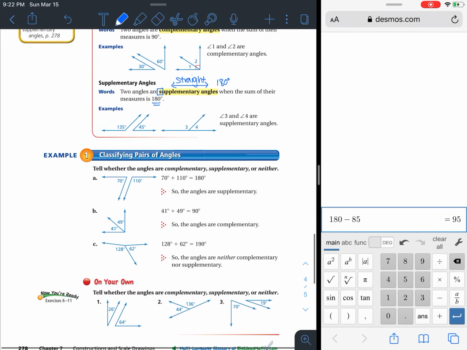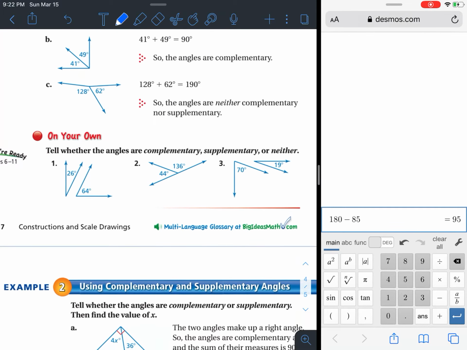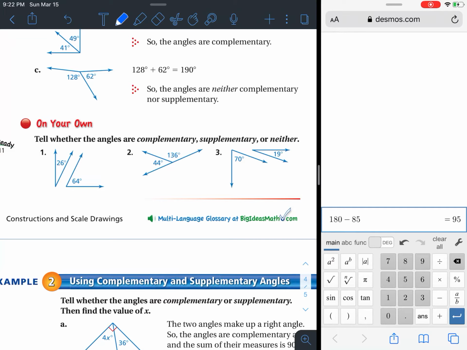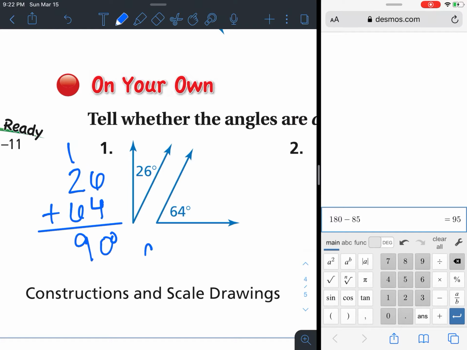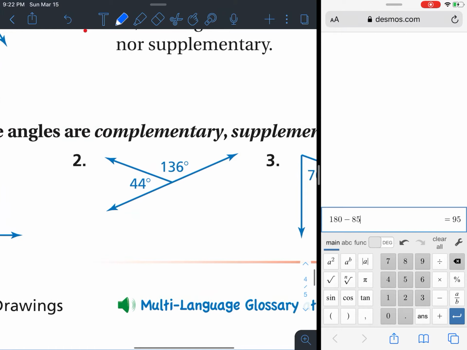Again, the examples kind of walk you through everything. So let's look at the on your own. Tell whether the angles are complementary, supplementary, or neither. For the first one, 26 plus 64 is 90. If they equal 90 degrees, that means complementary. Number 2.